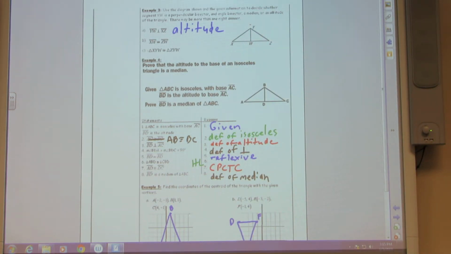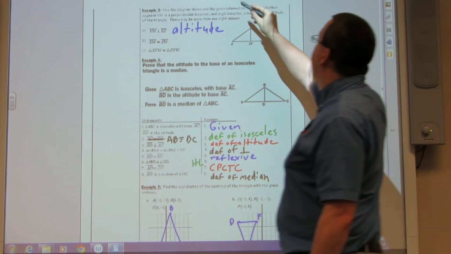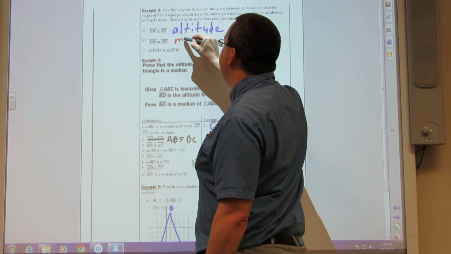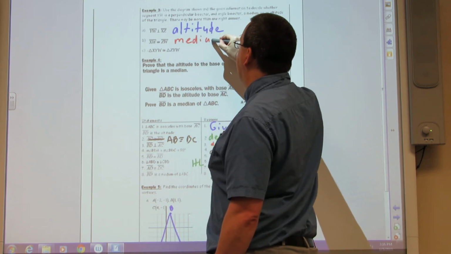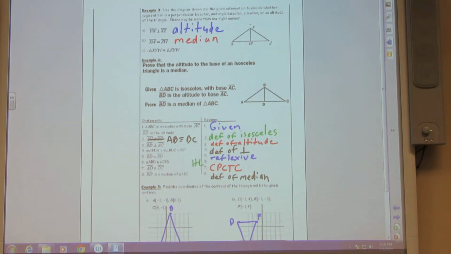If XW and ZW are equal, it is a median. If it does both of those things, it is a perpendicular bisector. A perpendicular bisector that goes through the vertex is also an altitude and a median.